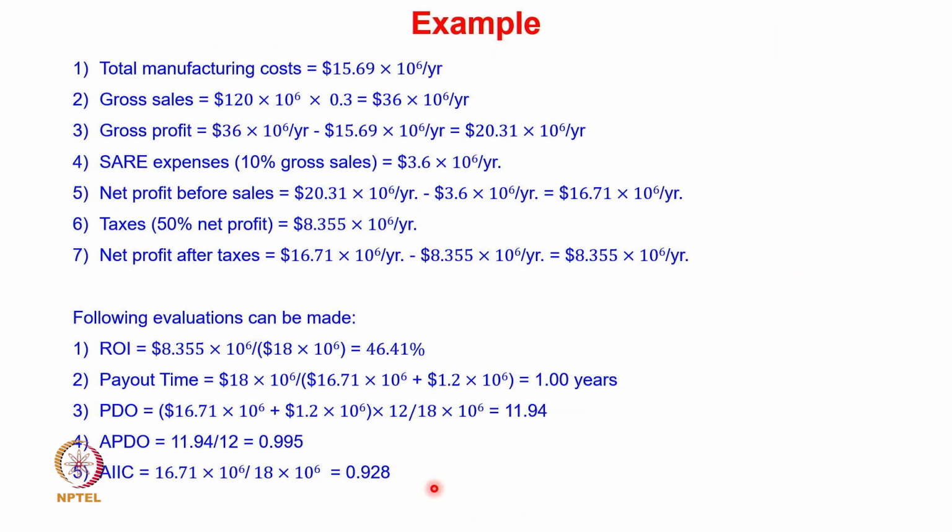In this case, we have obtained the net profit before the sales as 16.71, divided by 18 into 10 raised to power 6, which is nothing but the total capital cost, and the AIIC comes around 0.928. So these are the different metrics which we can calculate, and based on these we can make at least a preliminary decision on whether a particular project is financially viable or not.